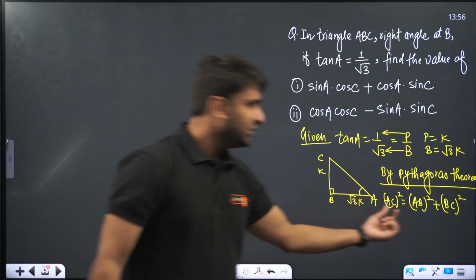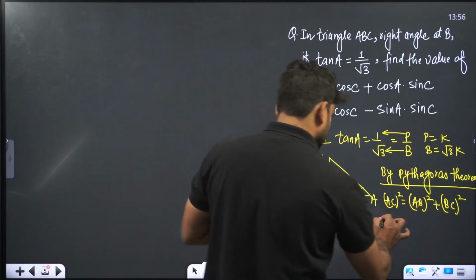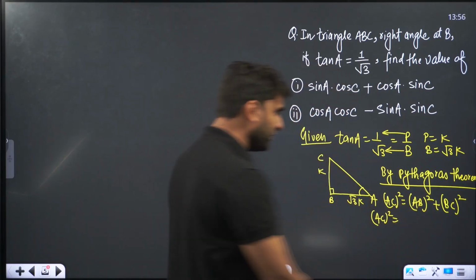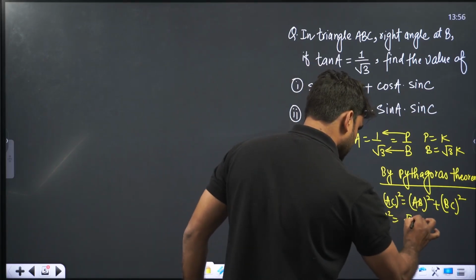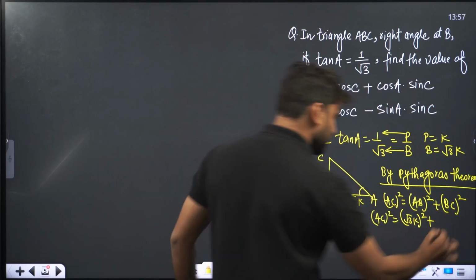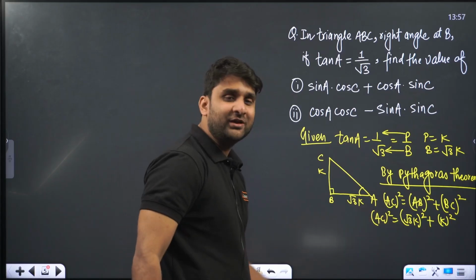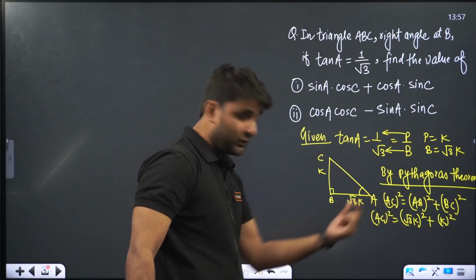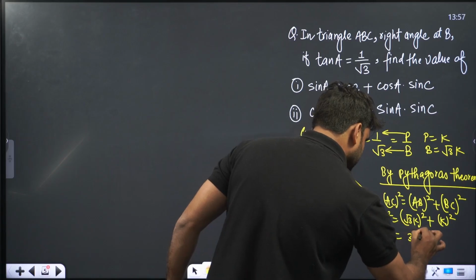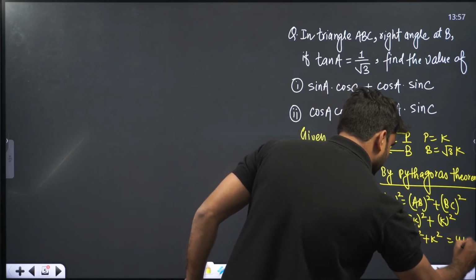Clear? So, okay, AB we have root 3k whole square. BC we have k. Clear, everyone? Root 3k square, so the root will be removed, so we can write simply 3k square, and this is k square, so this will be 4k square.